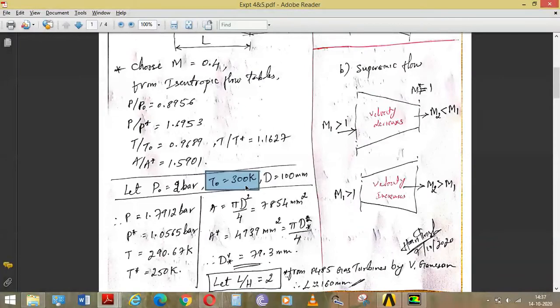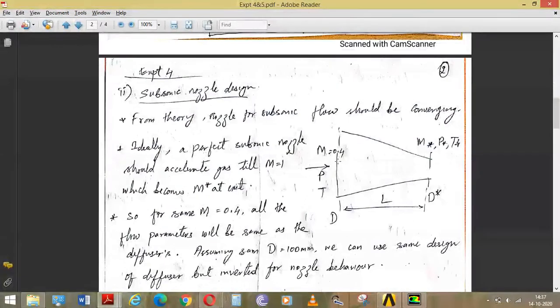Same design, same calculations, same pressure ratio, same Mach number, but the duct is inverted. It will behave as a nozzle, a subsonic nozzle. So their exit Mach number was 0.4. For the nozzle entry Mach number, I've taken 0.4, and the other side parameters are star parameters, sonic parameters.